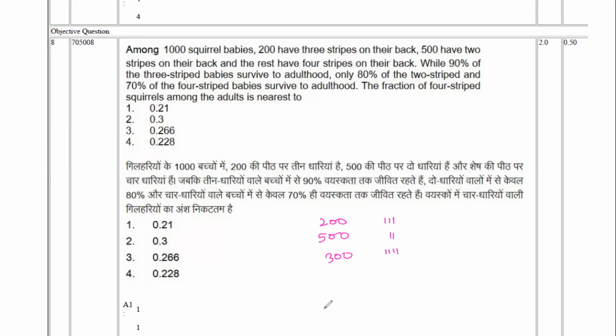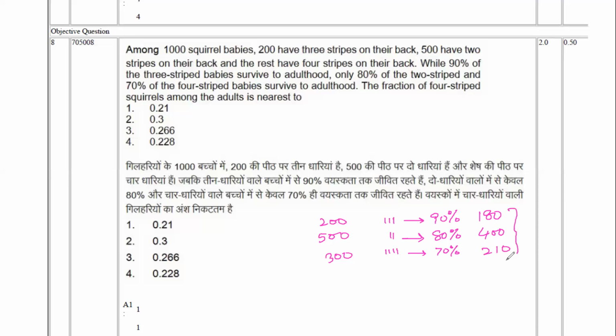While 90% of 3 stripe babies, so 10% is 20, 90% will be 180, survive to adulthood. 80% of 2 stripes, so 10% is 50, so 80% is 50 times 8, 400. And 70% of 4 stripes. So 10% is 30, so 70% will be 30 times 7, 210, survive to adulthood.